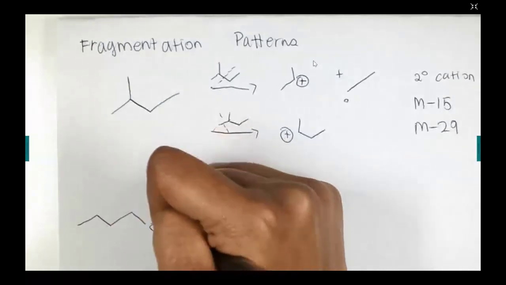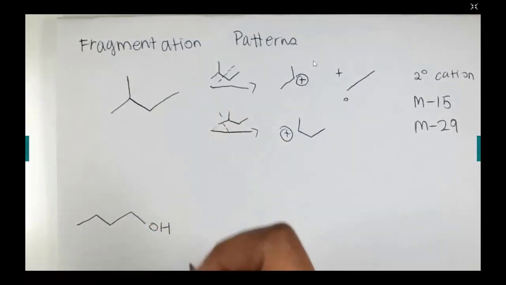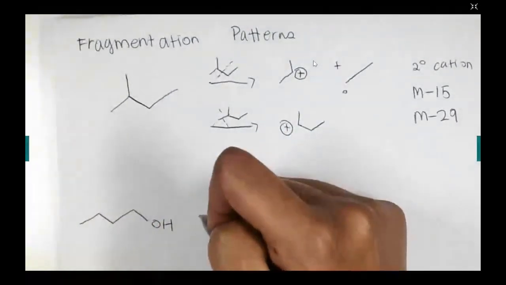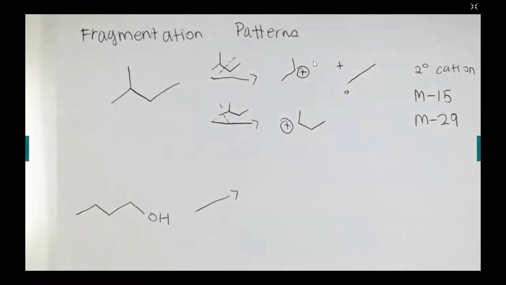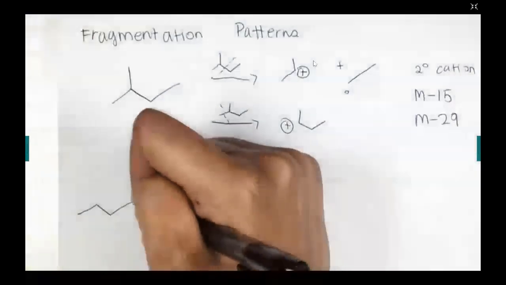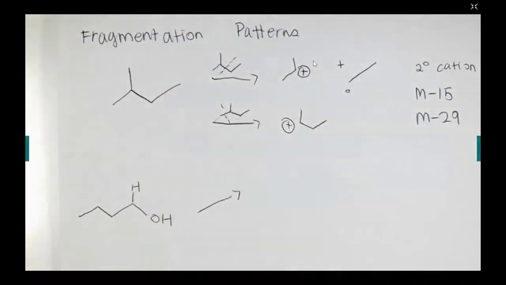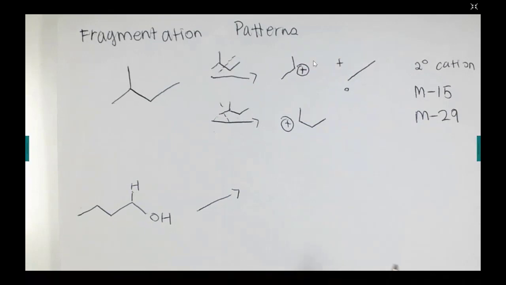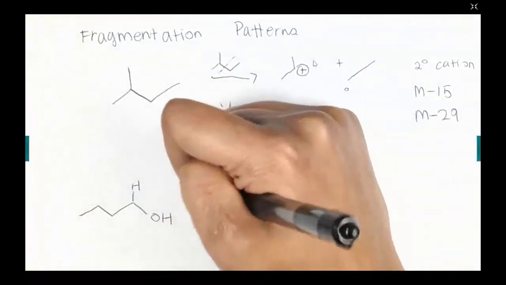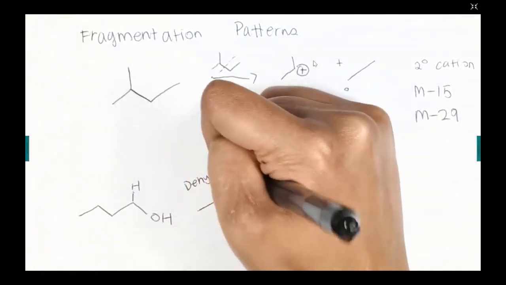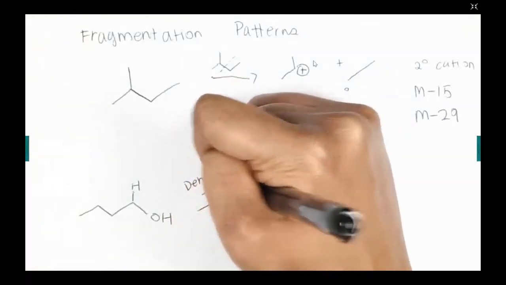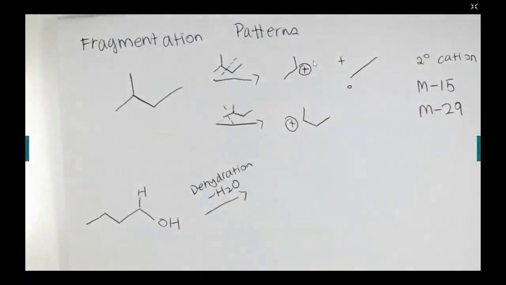If you're looking at an alcohol, there's a couple different patterns. First, one thing that we know about alcohols is that OHs don't like to leave by themselves, but we can make it leave if we form water. So one fragmentation pattern you're going to see is called dehydration, which is exactly what the name states. We're going to see water leave, so first we have to form water.